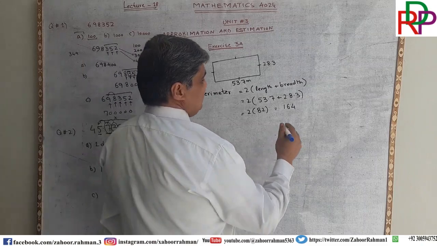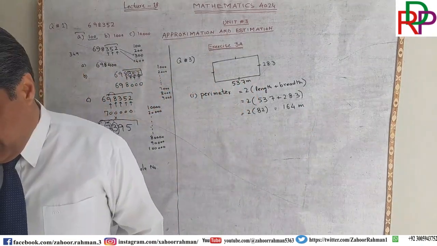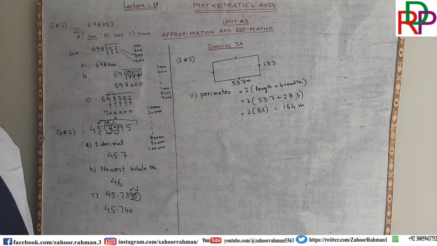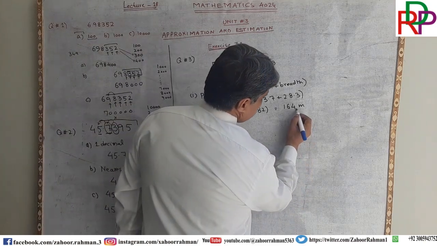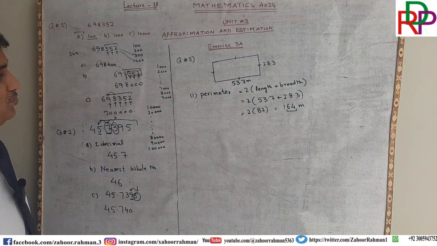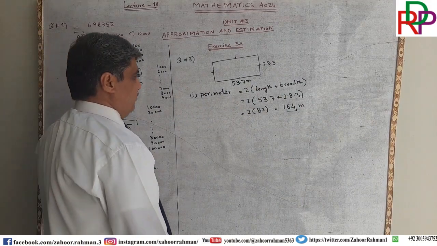Now this is in meters, but this is not the answer. They want us to correct to the nearest 10. So we have to take into consideration these two numbers, which are 6 and 4.